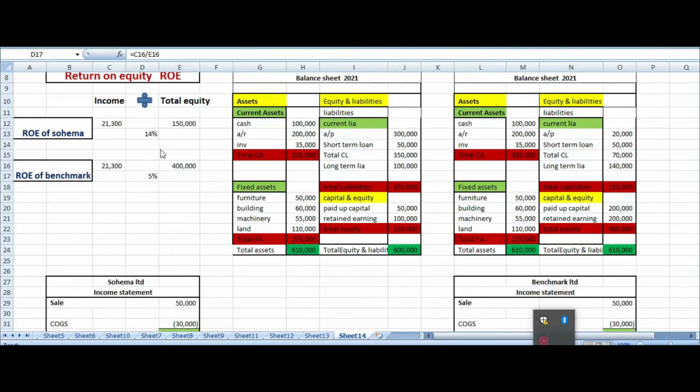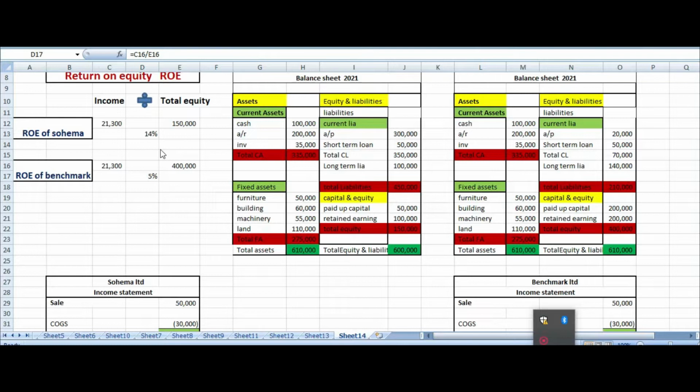Okay guys, one more thing that we need to know is that ROE greater than 20 is considered good, and less than 10 is considered not good, and companies having return on equity between 10 and 20 is considered normal.